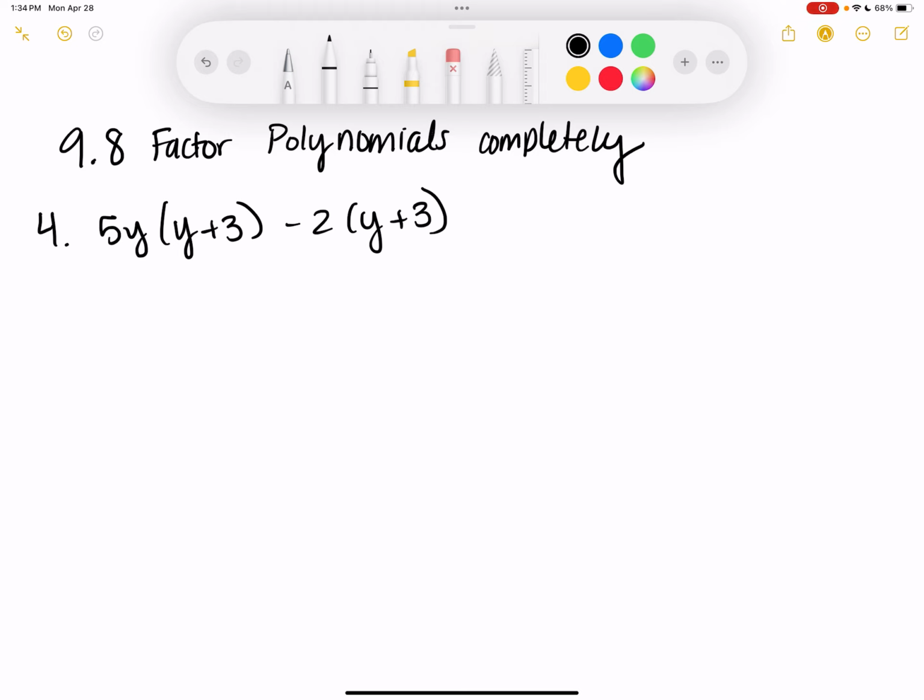So we take the other stuff that's left over and we write it one time. This is basically that they've gone to the point where they have factored out a common factor for us, and we're just doing the final step. So this would be 5y minus 2 times y plus 3. And that's factored completely.